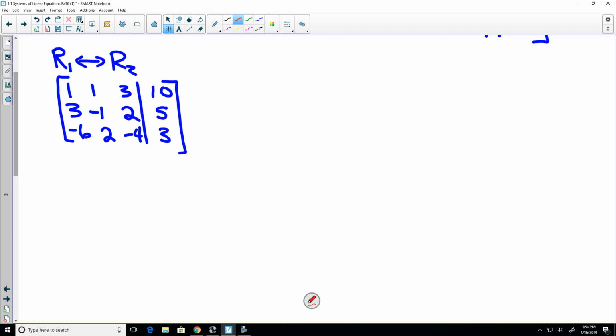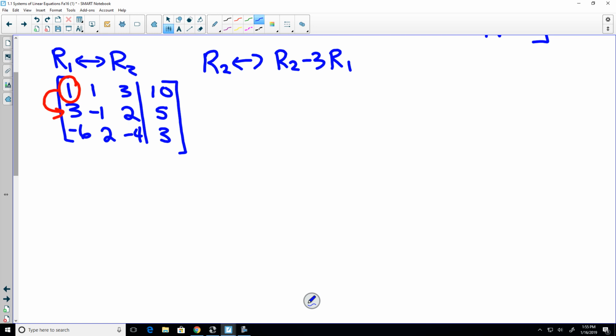That's the algorithm. So we take this 1, and what I call pivoting. You pivot and make that entry, use that 1 to make the entry below it a 0. The way we do that is to take row 2, and we're going to replace it with row 2 minus 3 row 1.